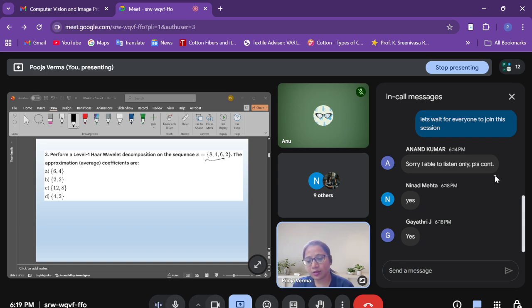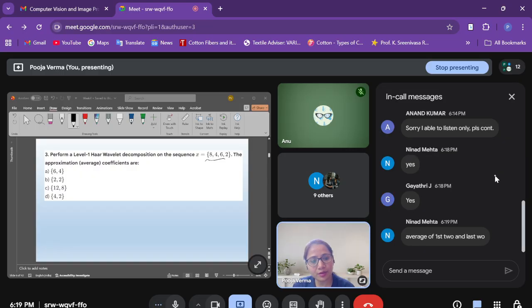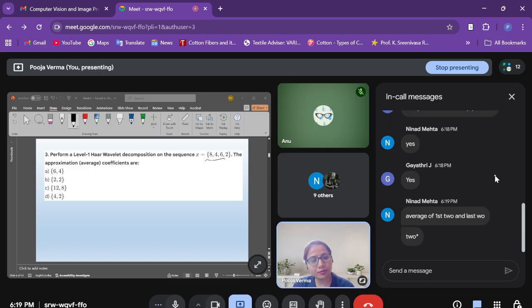We decompose the given sequence by dividing it into adjacent pairs, and take the average of the first two and the last two to get the average or approximation coefficients. So what will be the answer? Can anyone tell what the answer is for this question?